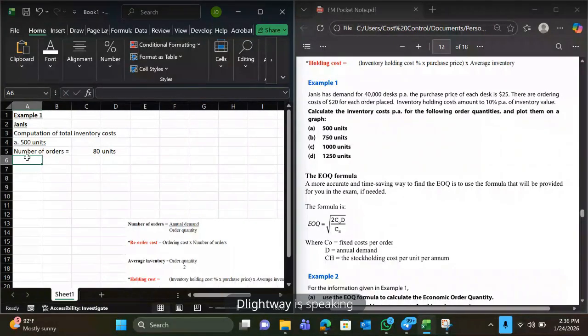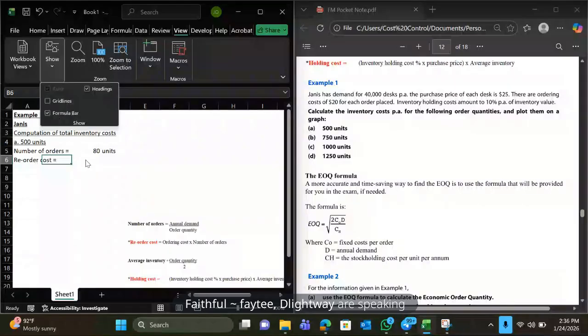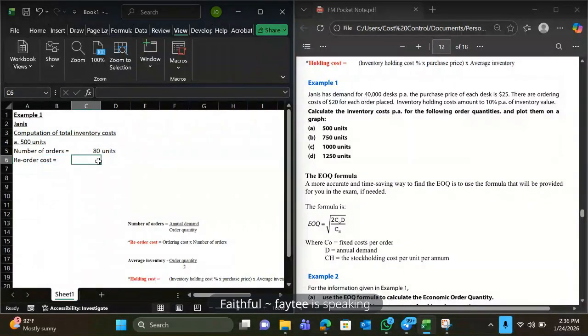We need the reorder cost. Are we going to be putting it in units? Yes, the number of orders is in units. Orders is saying the number of quantity of inventory they demanded.